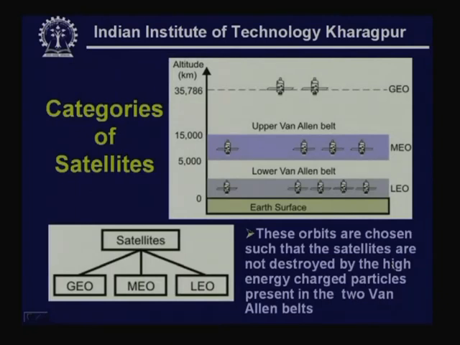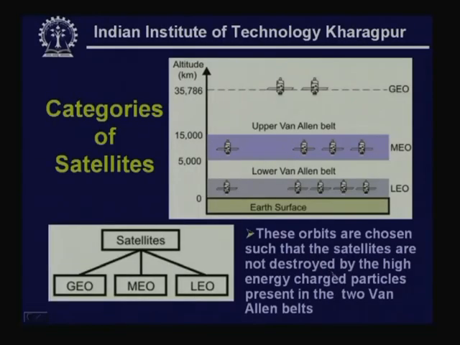Now, let us look at the different types of satellites that are used for communication. This is the surface of the earth, and it was that first satellite that was launched by the Russians, Sputnik, and after Sputnik was launched, there was the discovery of the Van Allen belt.